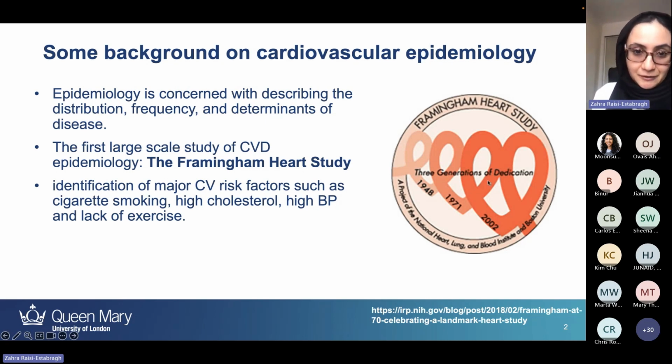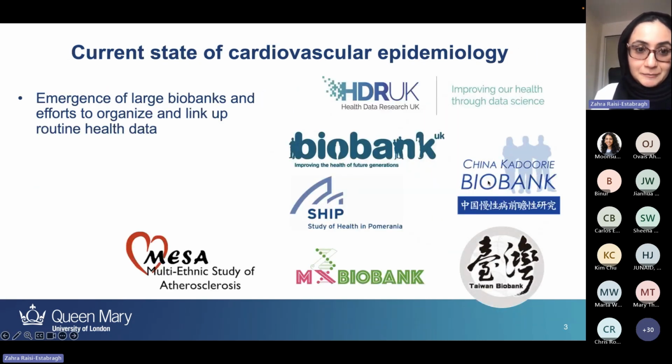Since this start to cardiovascular epidemiology, we've seen the emergence of large biobanks and national efforts to organise and link up routine health data across many countries in the world. In the UK, Health Data Research UK has a number of really ambitious programmes to link up population level data in the UK and present these in a way that may be useful for biomedical research.